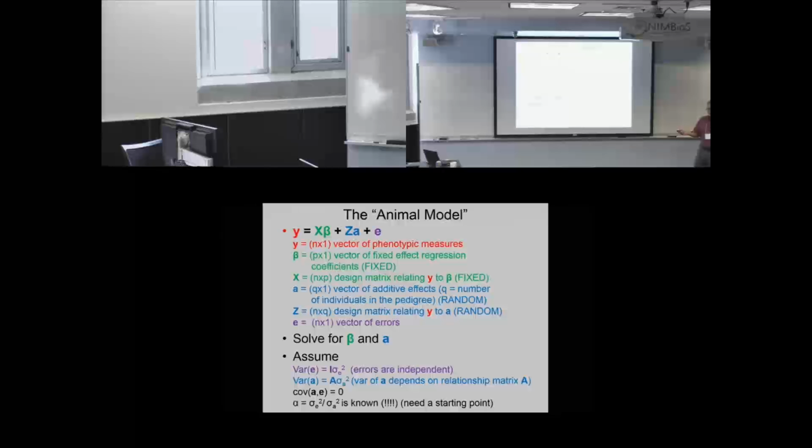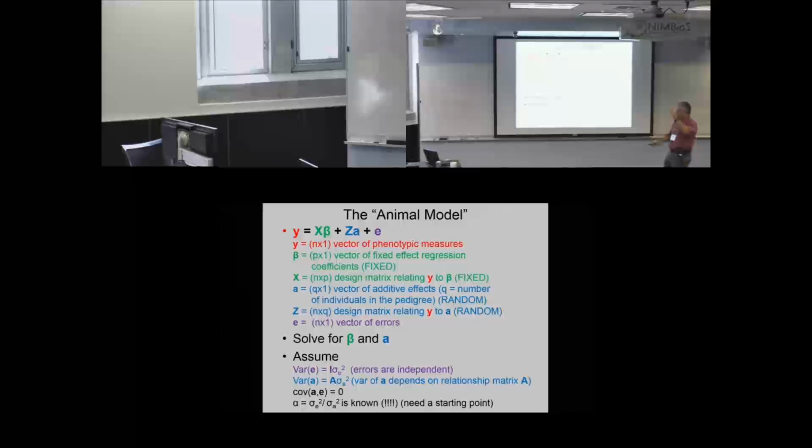For each individual on which you've taken a phenotypic measure, there's going to be some residual error. In a simple quantitative genetic model, this is also where all the environmental effects go, into this error term. You can set it up so it doesn't necessarily work that way, but in a simple model, that is how it works. For every phenotypic measure you've taken, you're going to have an E, so it's n by 1.